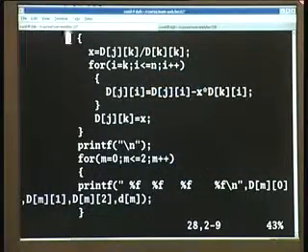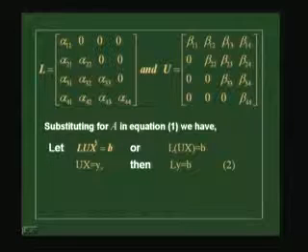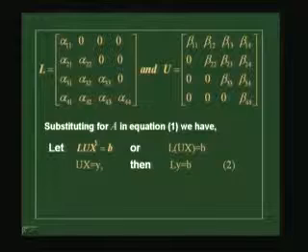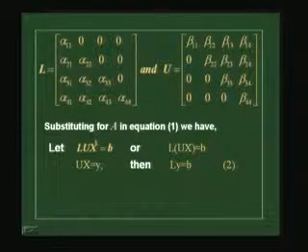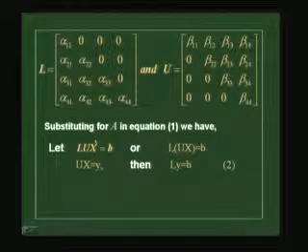That is, if you have a set of linear equations of the form Ax equal to B, where B is the right hand side which has some numbers, x is the unknown, and A is the matrix of the coefficients of the linear equations, then we can split this matrix A into two matrices L and U. One is lower triangular and the other one is upper triangular, and then we can write this matrix A as L into U.